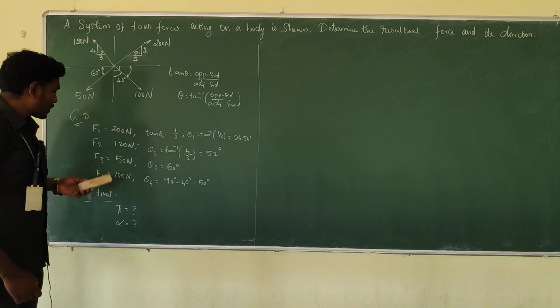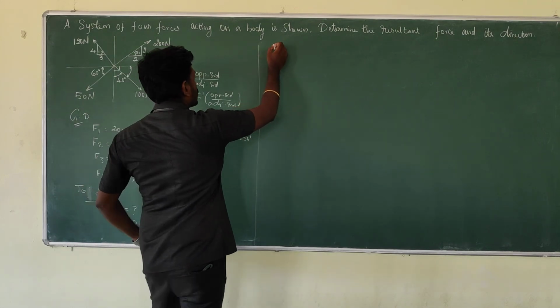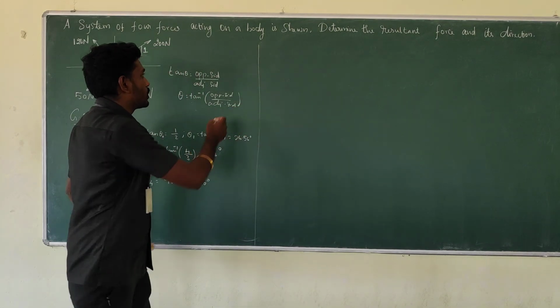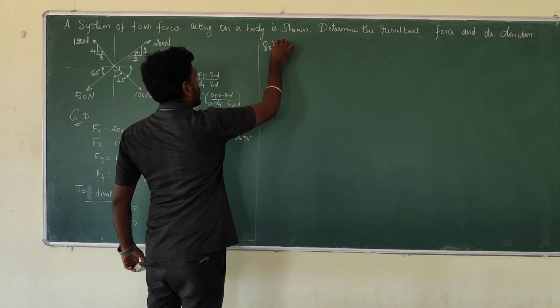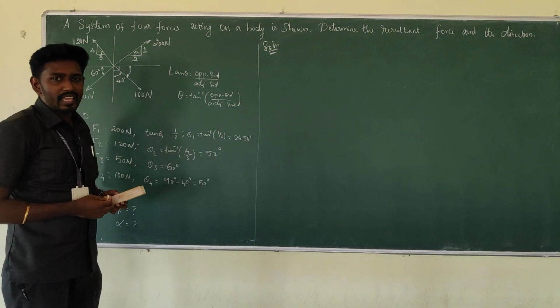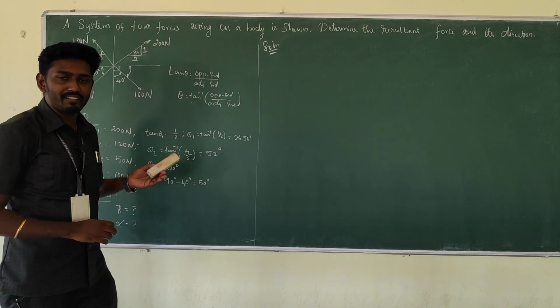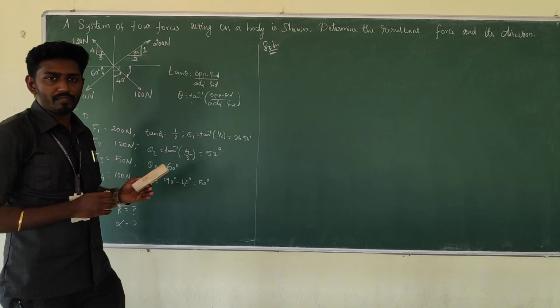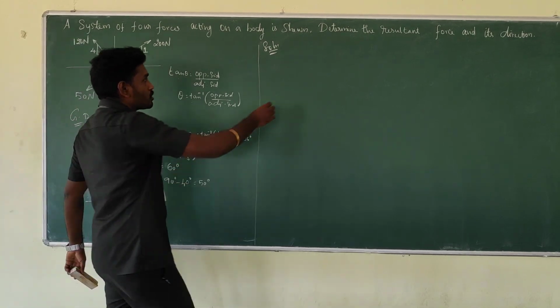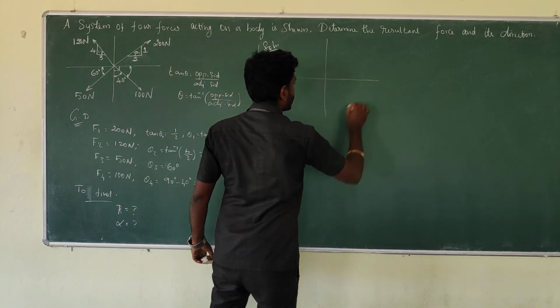After having this given data and what to find, get into the solution. At first step we need to describe the components, that means with respect to x-axis and with respect to y-axis of the force components. For that, I am just drawing the quadrants.